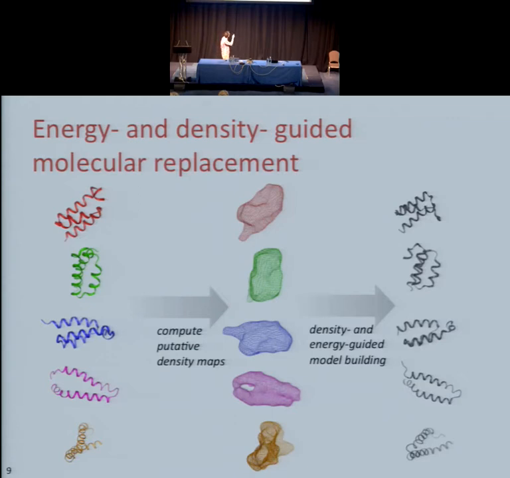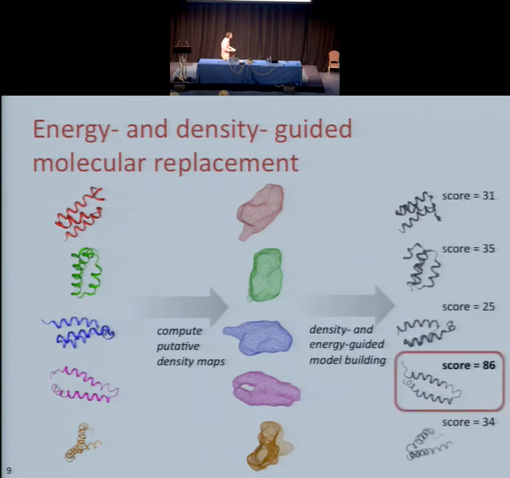We get new models fit to the density data, and we rescore them against the experimental, unphased crystallographic data. The idea is that only for the correct solution do the density map signal and the energy signal from Rosetta agree, and we get this reinforcement. So this should easily identify the correct solution, if there is one, among this set. It should also improve the model enough that automatic chain tracing can solve the structure.